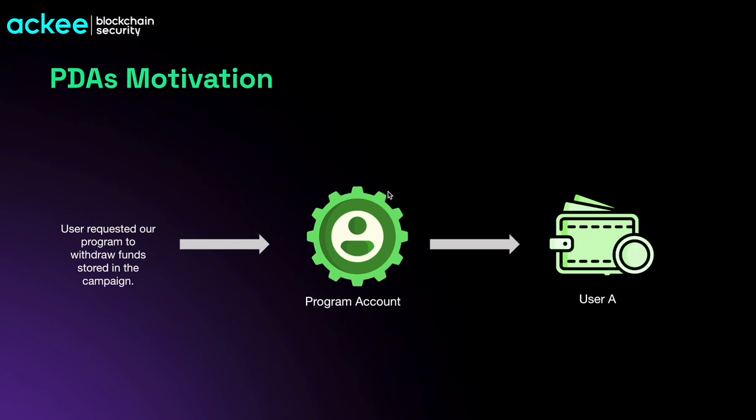That means the program needs to have some way to tell the System Program, look, I want to do this transaction, I want to withdraw all this money that I hold in my PDA and transfer it to user A that called this withdrawal function. So how do we do that?